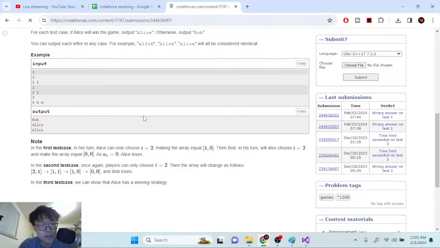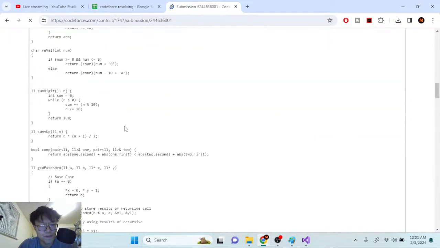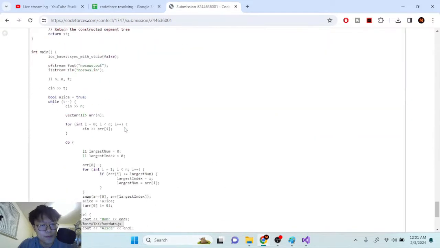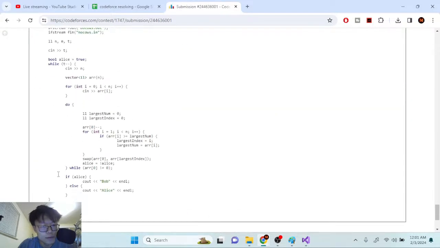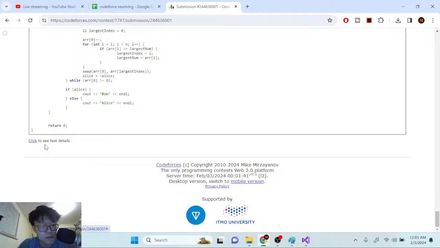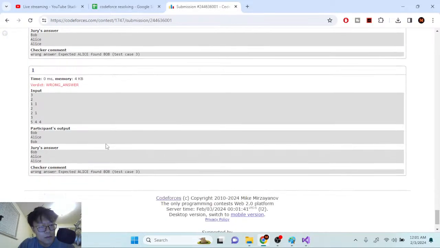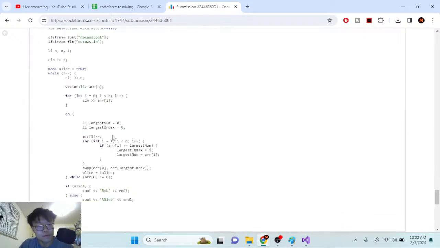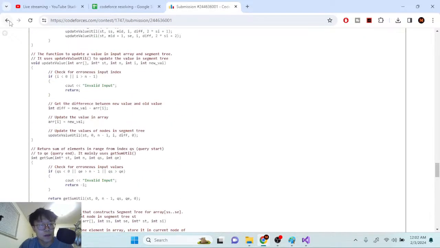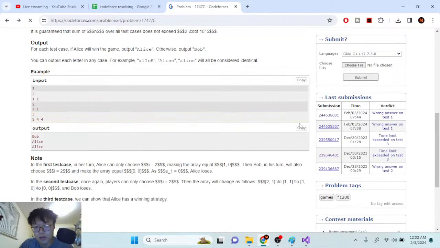Our goal is to get TLE, actually. I picked the largest number. I picked the smallest number. Shouldn't it be one of those?